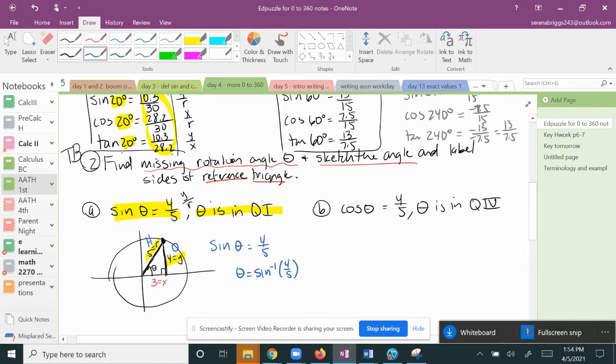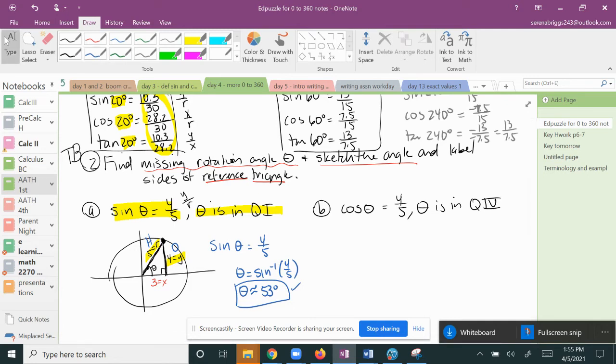So I type into my calculator second sine, 4 divided by 5, and I get about 53 degrees to the nearest degree. And I've solved the problem for how big theta is. That rotation is about 53, which looks good to the picture too. So it kind of checks out, because I drew my picture to scale.